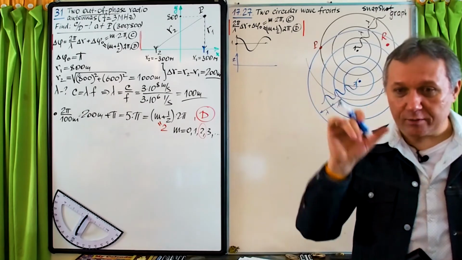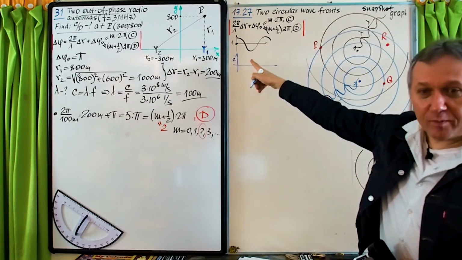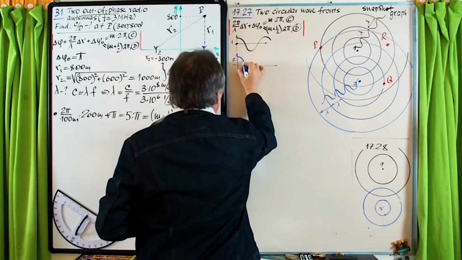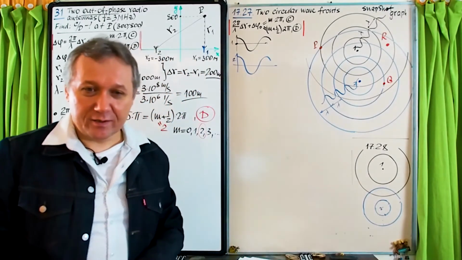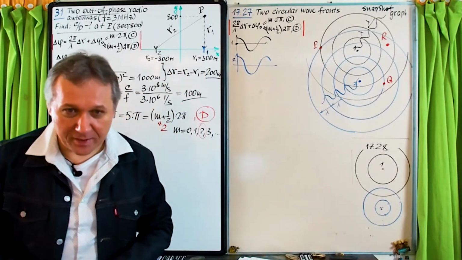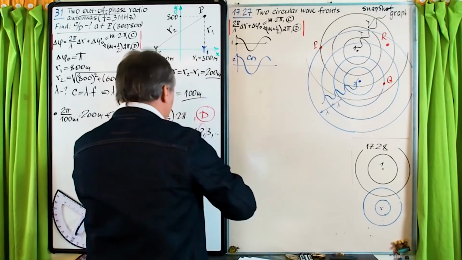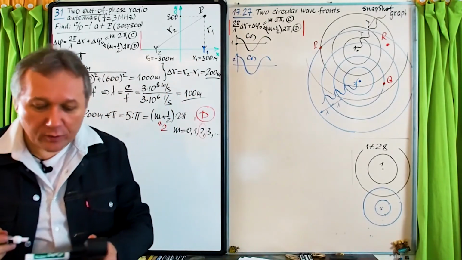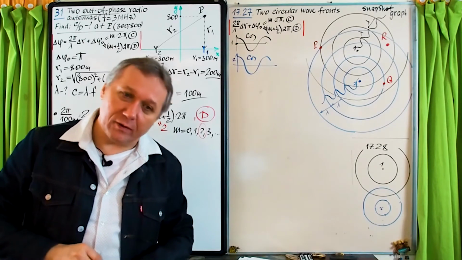We're getting a crest. So the blue wave behaves in exactly the same way. We're going to see something like this. So they overlap. We have basically here a cosine function, and here a cosine function. We don't have to shift them by any distance in order to overlap.